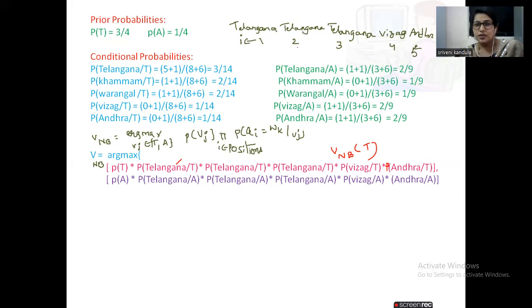You should not take the distinct terms; that is one point you should remember. In the document, this is taken as three different tokens, so you should not take it as a single word. So we take the conditional probability of Telangana given A three times, multiplied by the conditional probability of Vizag given A and the conditional probability of Andhra given A.